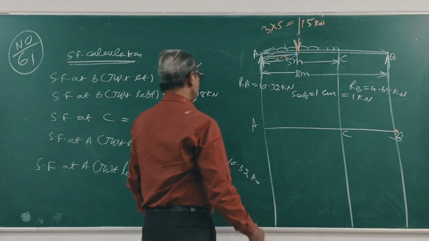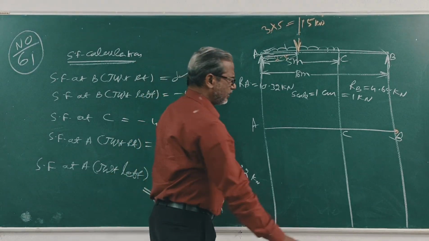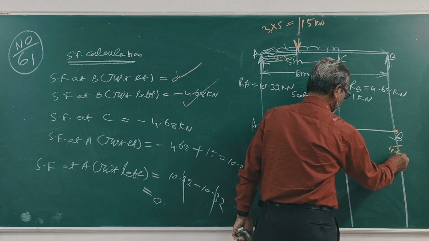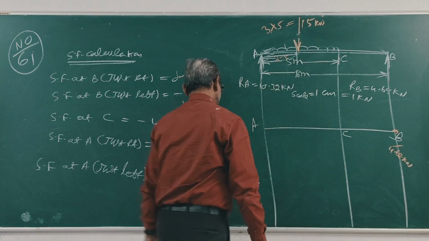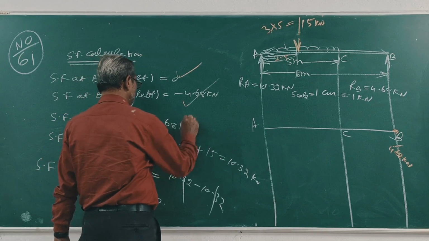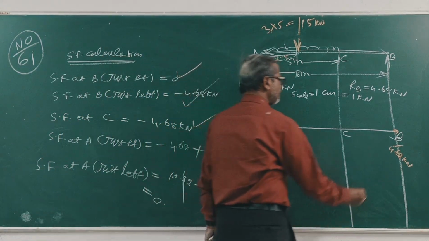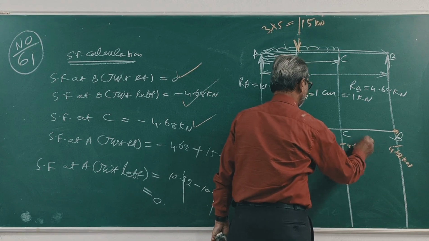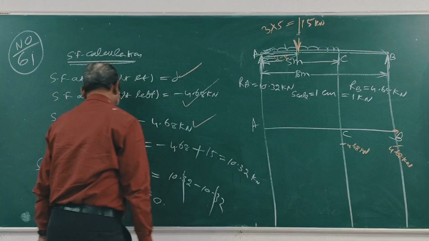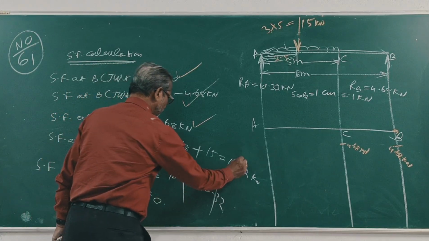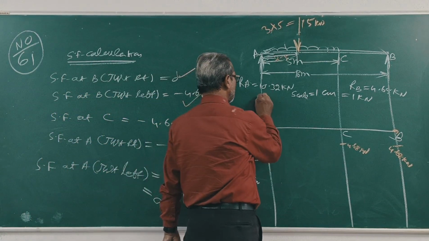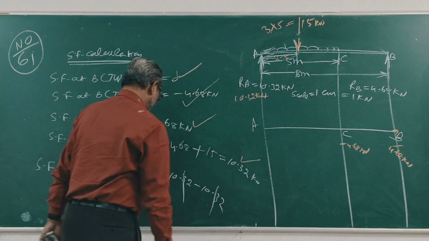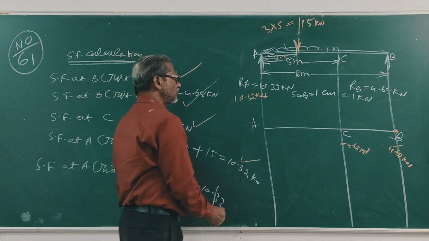Just left, minus 4.68 kilonewton. At C, minus 4.68 kilonewton. At A just right, 10.32 kilonewton. At A left, 0.